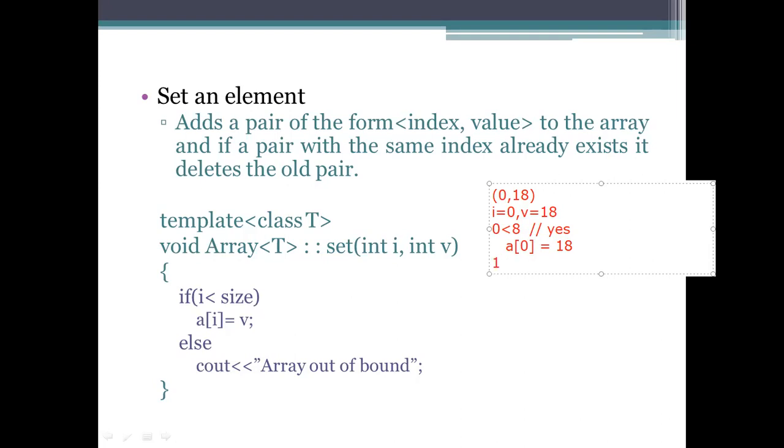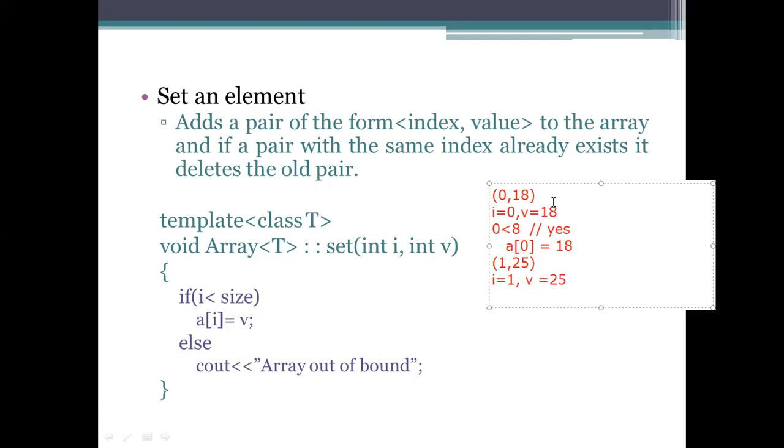Next value, let it be 25. I is equal to 1, V is equal to 25. This is not a loop-like structure; we are inserting each and every value every time we call this.